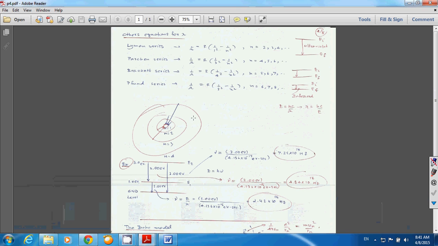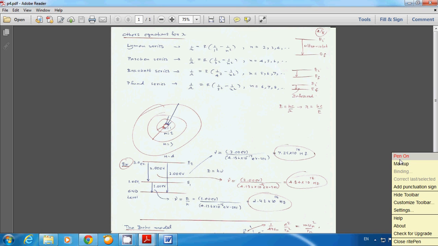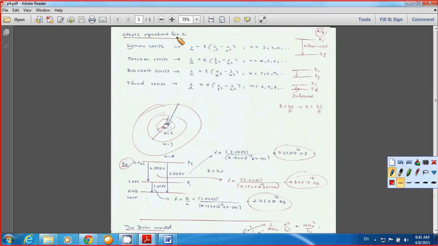There are also other equations for lambda in different types of series. You have Lyman, Paschen, Brackett, and Pfund series, and they all start with a different n.